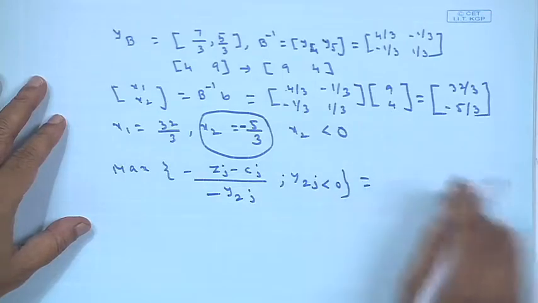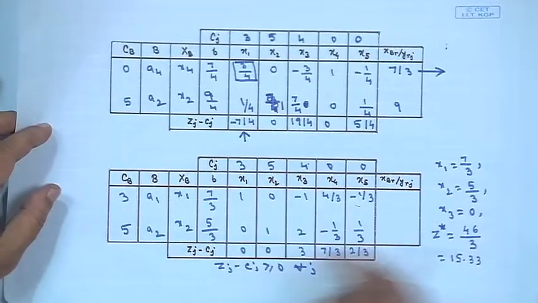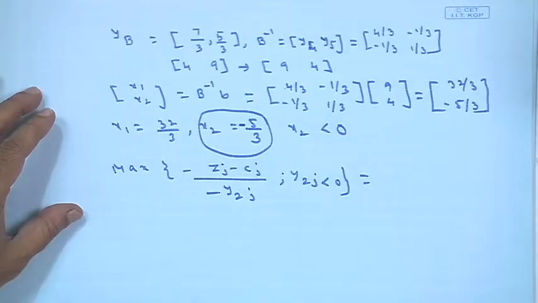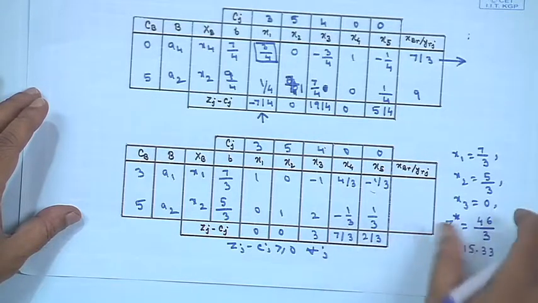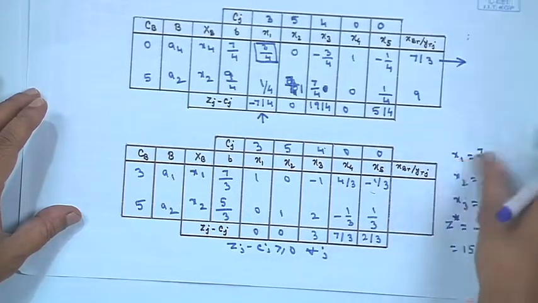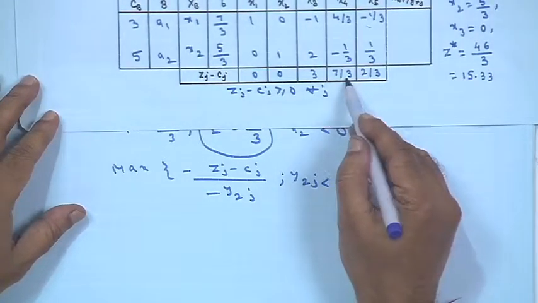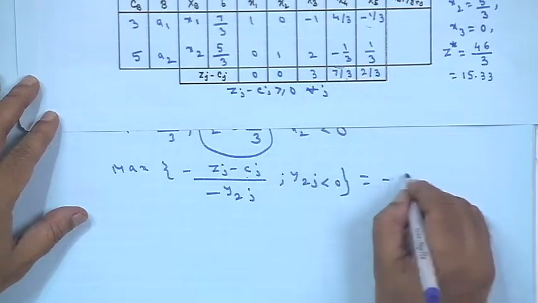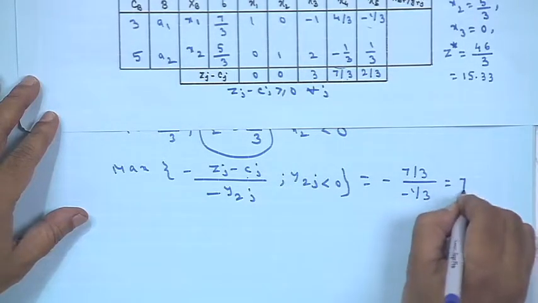From the original table you can obtain these values: Zj minus Cj is this and y2j is minus 1/3. So, you take 7/3, which is this one, and y2j is less than 0. So, this will be minus 7/3 by minus 1/3. So, that you are obtaining 1.